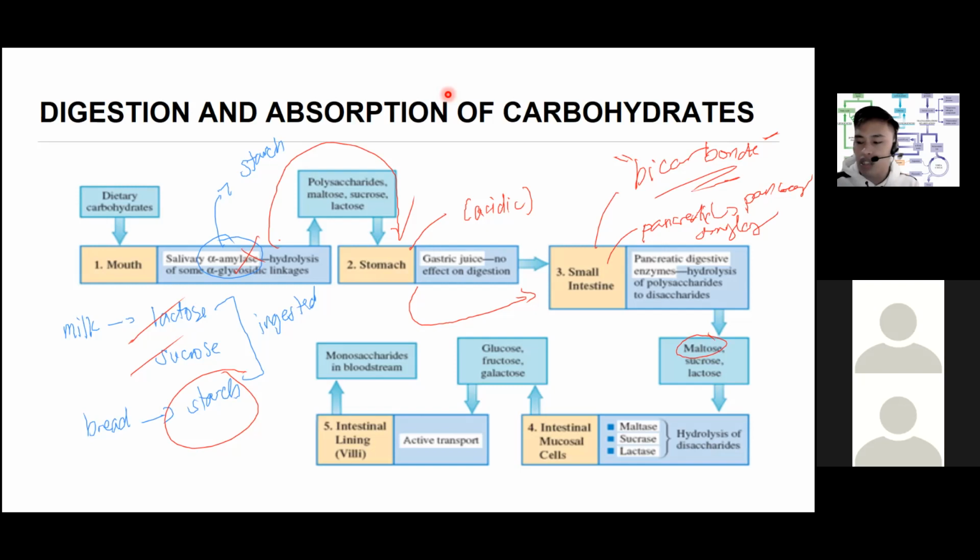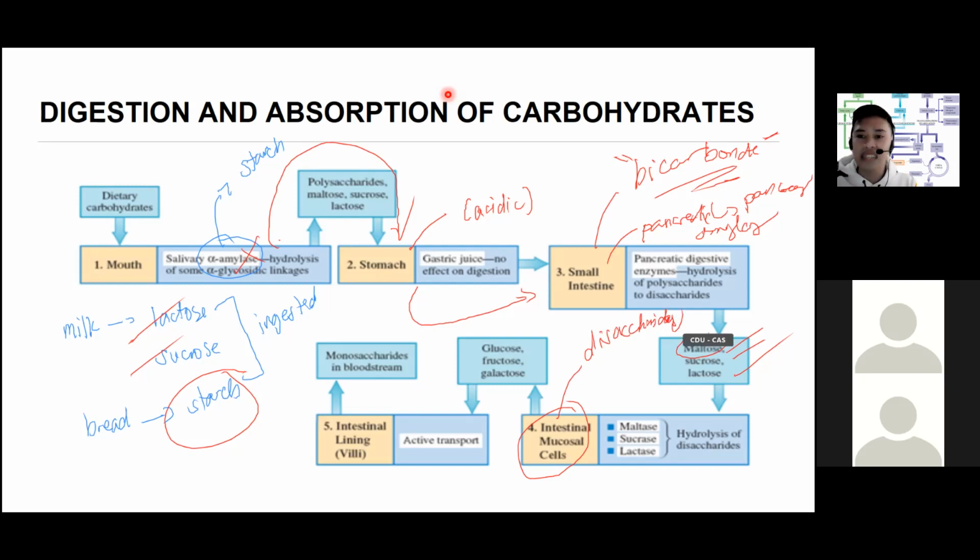So at this point, we have a mixture of disaccharides. These disaccharides will then proceed to the intestinal mucosal cells, because in the intestinal mucosal cells, we have disaccharidase.